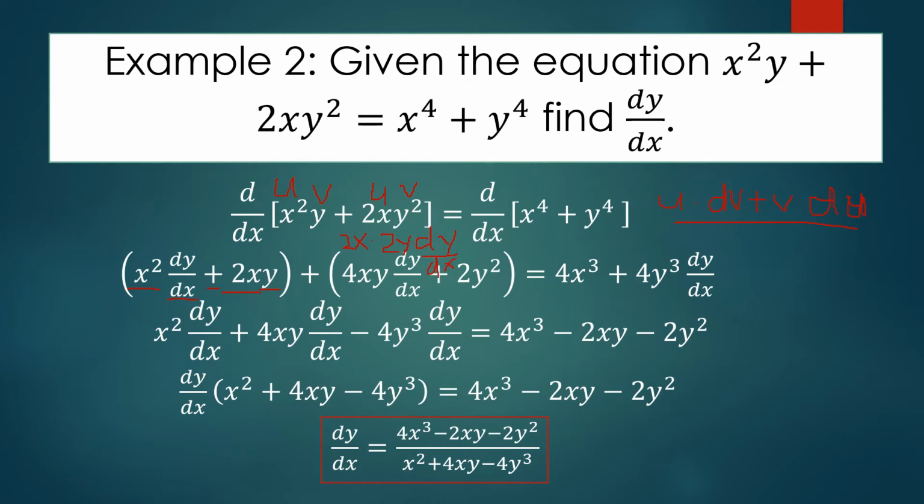Okay, so we have here 2x times 2y. We have 4xy. Then copy dy over dx plus the derivative plus v, I should say. V is y squared. And multiplied by the derivative of u. Ang derivative ng 2x natin is 2.